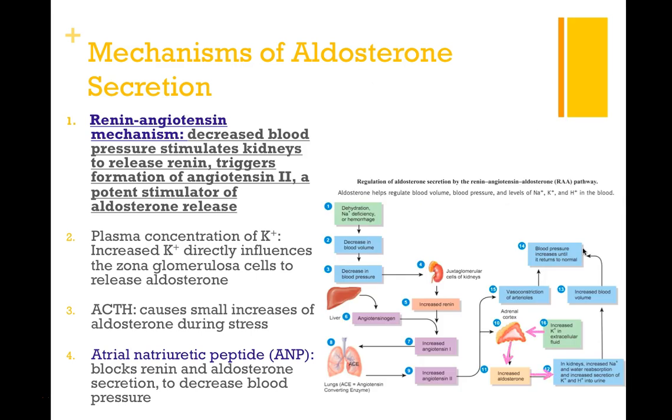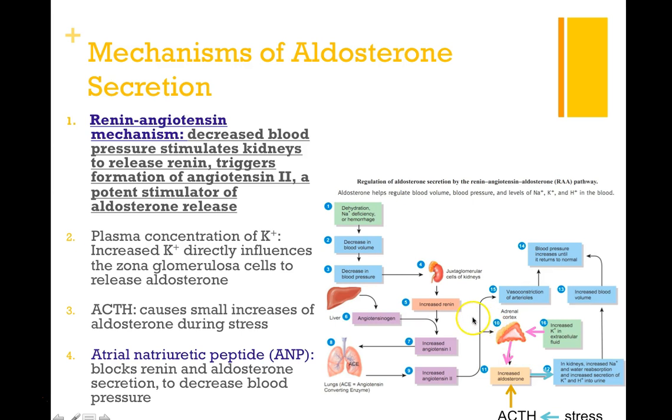Here's another great figure depicting the renin-angiotensin-aldosterone mechanism. This is just showing how we have some stress that can secrete ACTH that will cause small releases of aldosterone, and it also shows us that the increase in potassium would cause the adrenal cortex to secrete aldosterone as well.